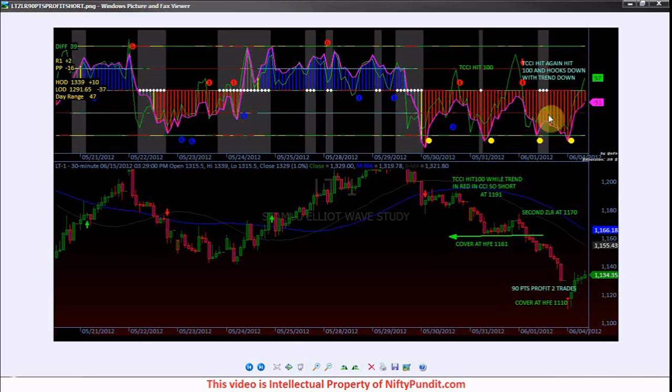Sorry, minus 100. See, we are getting some more points in this trade. We'll be coming out of here, which is around 1134, rather than covering at 1160, 1155. We'll be making some extra 20 points.